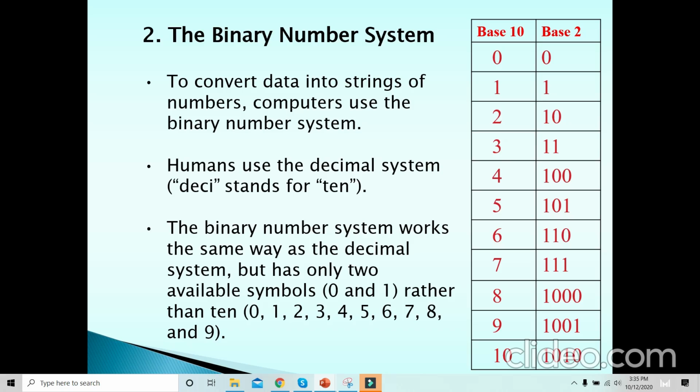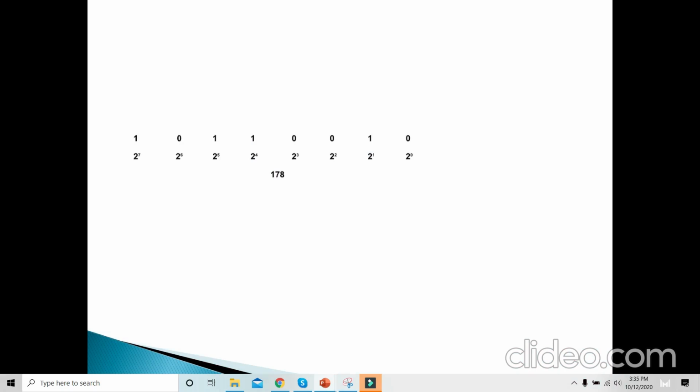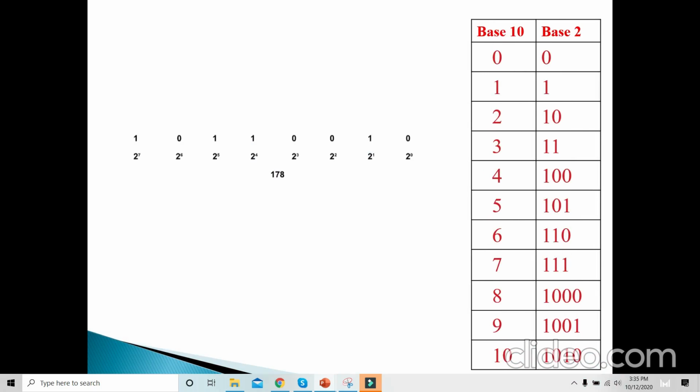And this is how it happened. So this is actually 8 bits of the decimal number system. So when we say 178, this is the total of how the binary number is being converted.